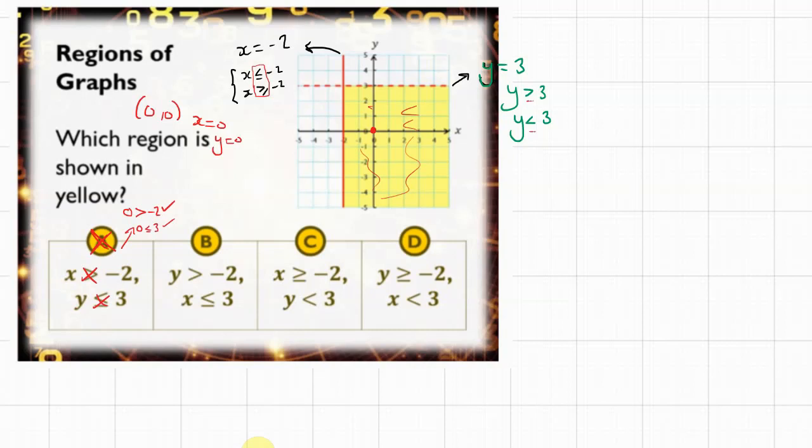Let's do the same again. First of all, let's check. Yes, they've got the inequality signs looking correct to represent the dotted or the block line, so this is going to be worth checking out. So I'm going to check that y inequality first. Is 0 greater than minus 2? Yes, that is true. Now I'm going to check my x inequality. Is 0 less than or equal to 3?